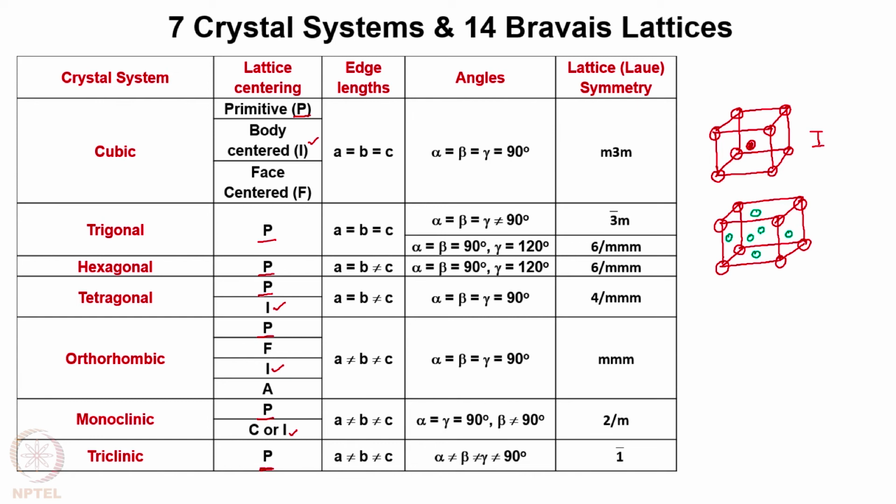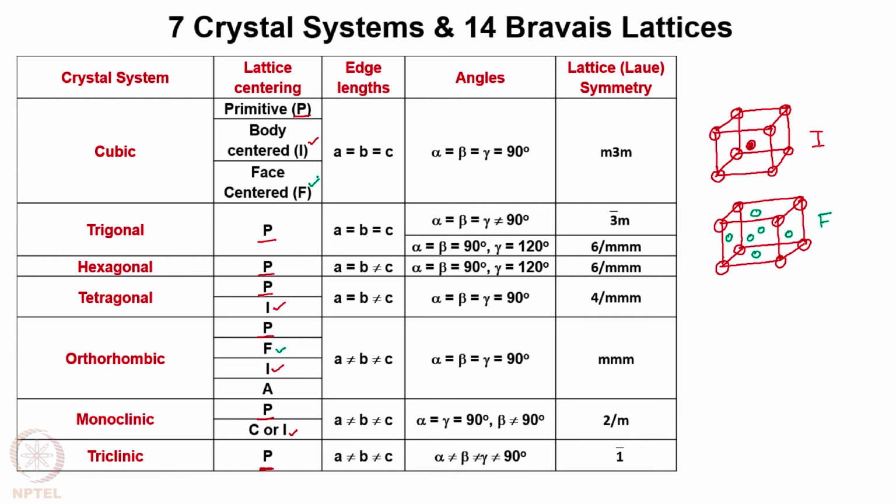So those 6 faces have 6 atoms located at the center of the face. So this becomes a face centered lattice. We write it as F. So in this case, what we see is in case of orthorhombic we have a face centered lattice, and in case of cubic we have a face centered lattice.